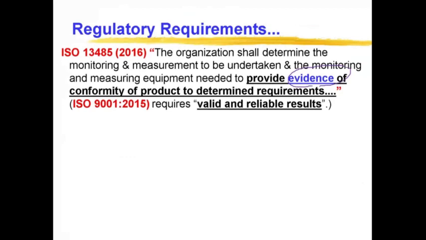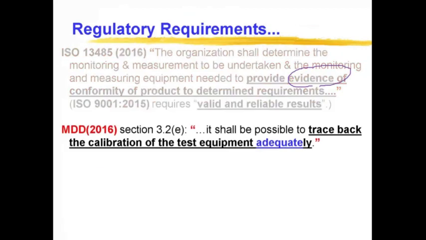ISO 9001 is not as specific in its requirements. The medical device directive, in the newest version, talks about tracing product, taking calibrations back adequately. Unfortunately, they do not give any advice on what they mean by that.